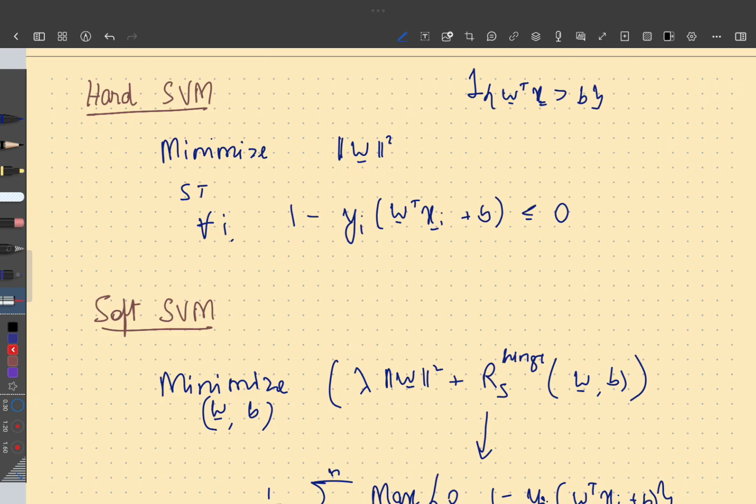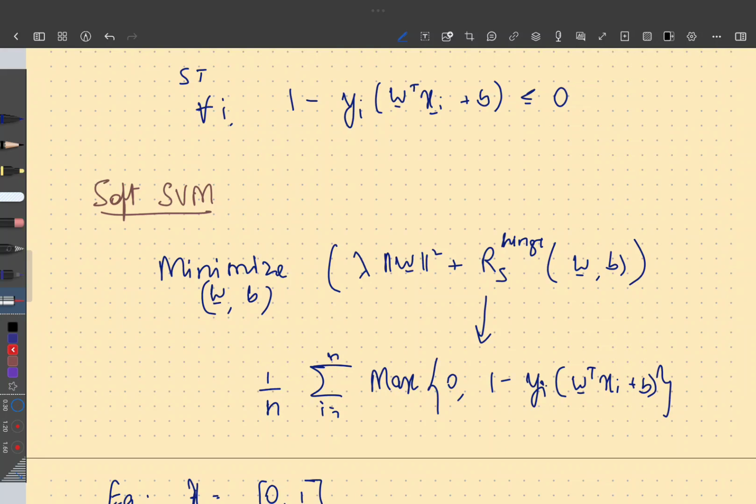Similarly, the optimization problem itself depends on the norm of w squared, which is the inner product of w with itself, and inner products of w with the data points. The soft SVM as well depends on this particular function, the norm of w squared, and the inner products between w and x_i.